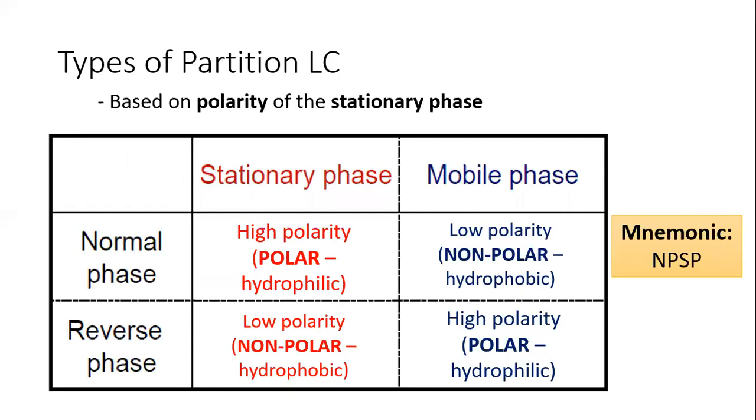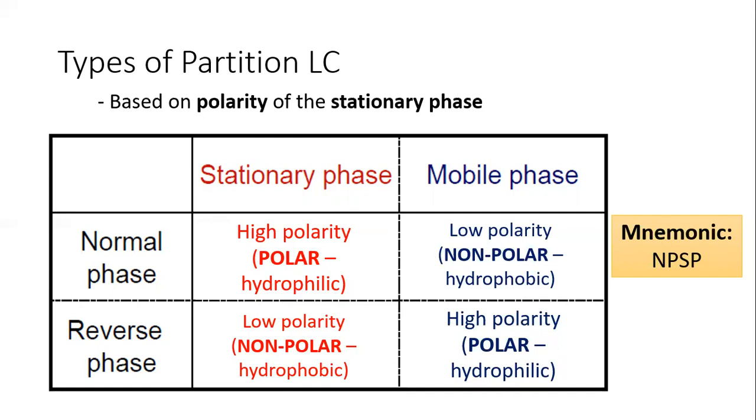So for the partition liquid chromatography, you could classify it further depending on the type of your stationary phase. So you have your normal phase mode, your reverse phase mode. Okay? So katulad lang to nung tutunan nyo back in Chem 16.1. So for a normal phase, usually your stationary phase has a high polarity.